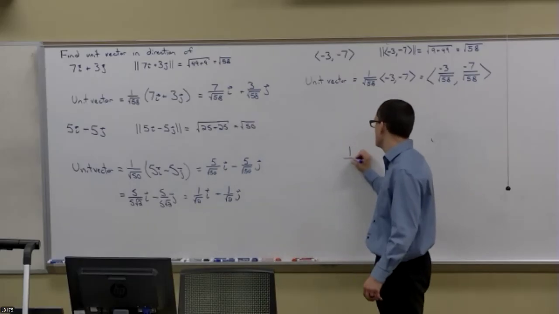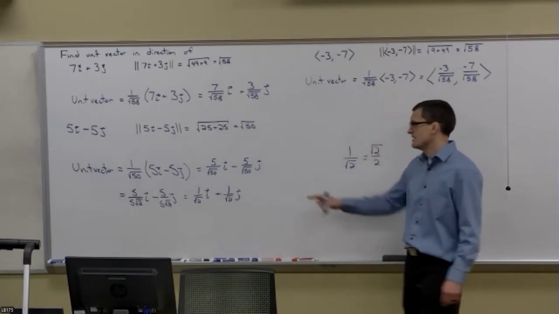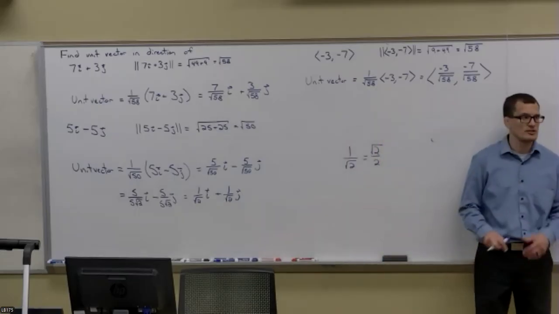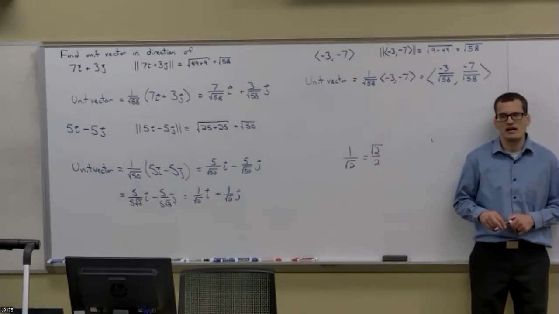And just so you know, another version of 1 over square root of 2 is root 2 over 2. That should look familiar, right? Root 2 over 2, negative root 2 over 2. That's at the 45-degree angles. We get those values. Or the pi over 4 angles, we get those values.